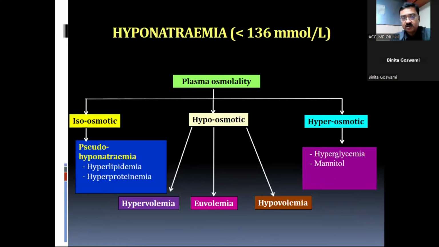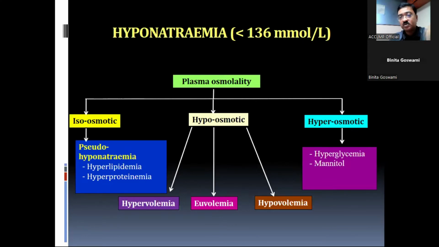If you consider plasma osmolality in hyponatremia, there are isoosmotic, hypoosmotic or hyperosmotic conditions. In hypoosmotic, mostly pseudo-hyponatremia that I told you last day, in hyperlipidemia or hyperproteinemia, the available water is very less in the serum.